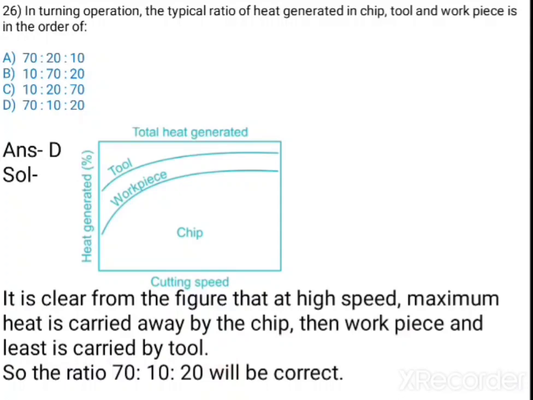So the ratio 70:10:20 is correct: chip 70, tool 10, and workpiece 20. The tool carries very little, 10%. Option D is right.